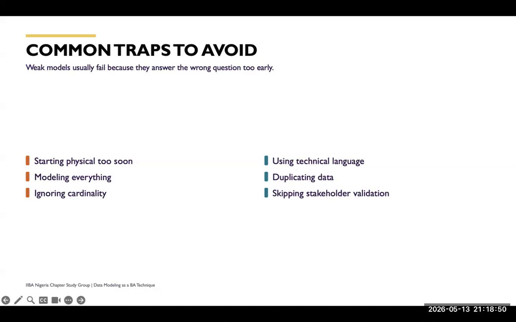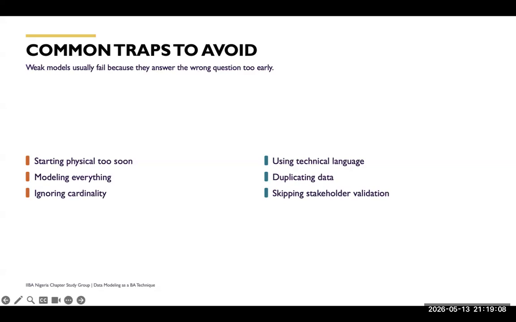You need to ask questions as a business analyst: what is in scope? What are we focusing on? What are we starting with? You don't just go modeling everything, because then it can get complicated fast, right?